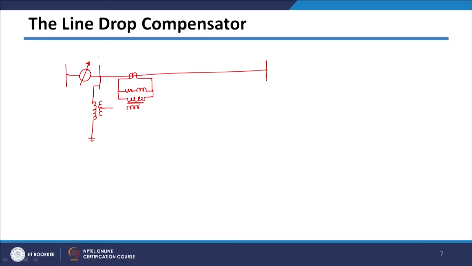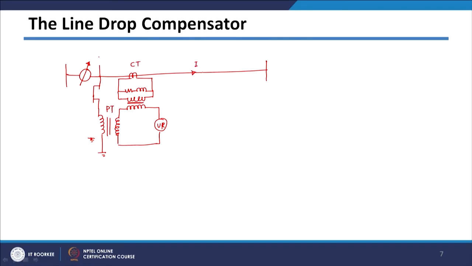Then you are having this voltage transformer here, and this signal is connected to your voltage relay circuit. So, basically this signal is coming from your voltage transformer.